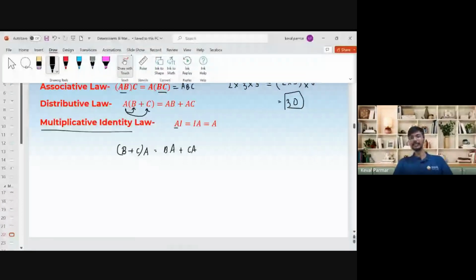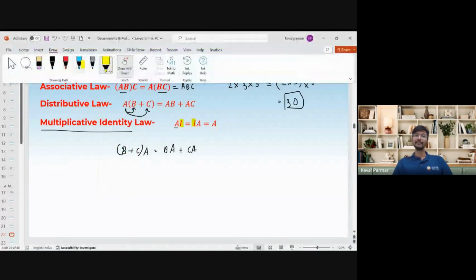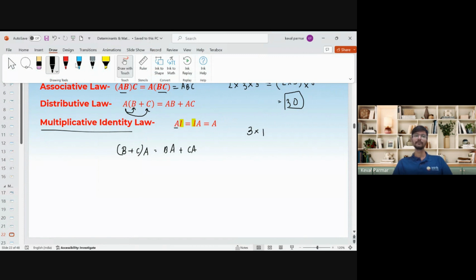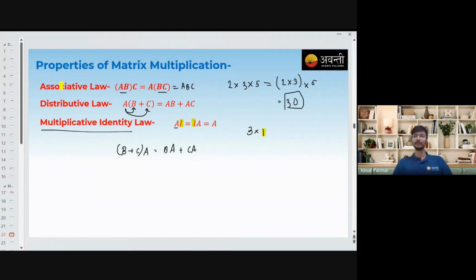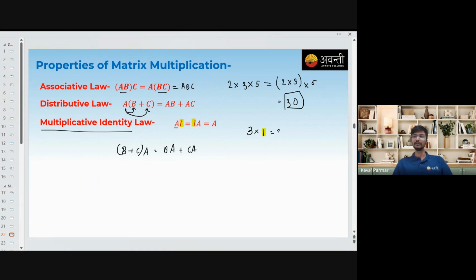With I, an identity matrix, I get the matrix itself. It is the same as if I multiply any number with 1, I get the number itself.